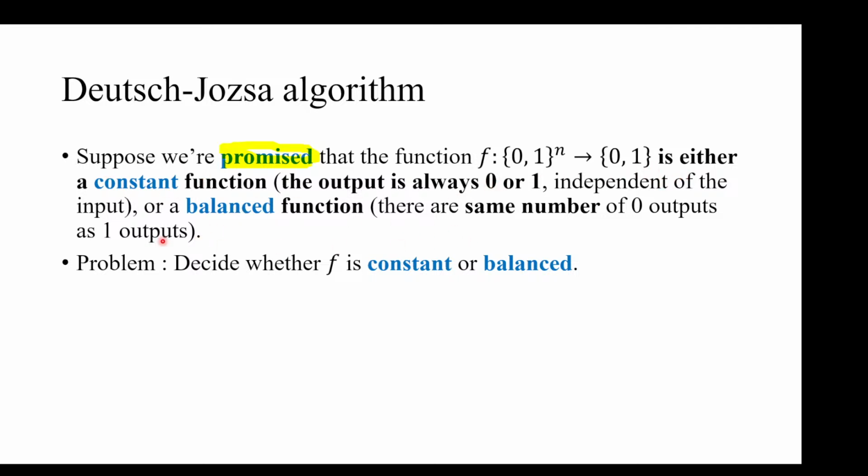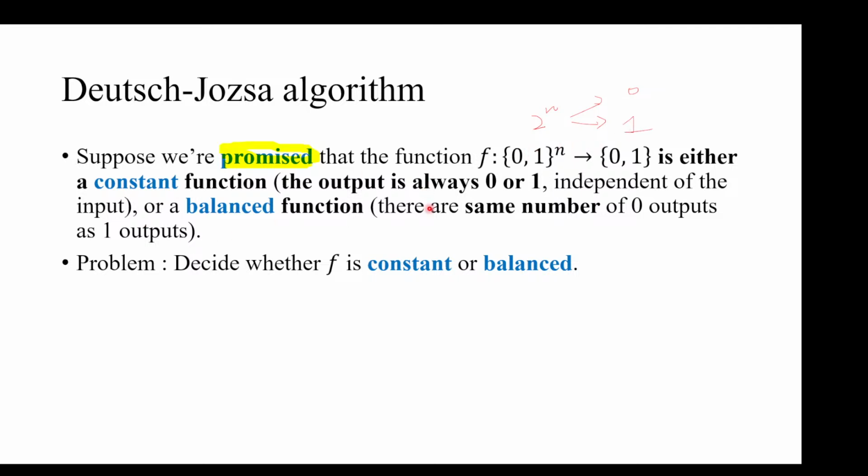And a balanced function means that the function has 2 to the n different inputs, and those 2 to the n different inputs go to either 0 or 1, because it's a Boolean function.